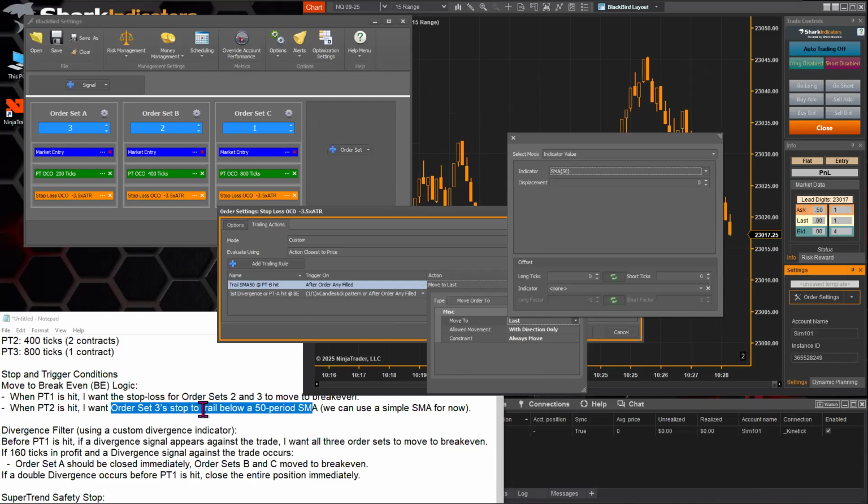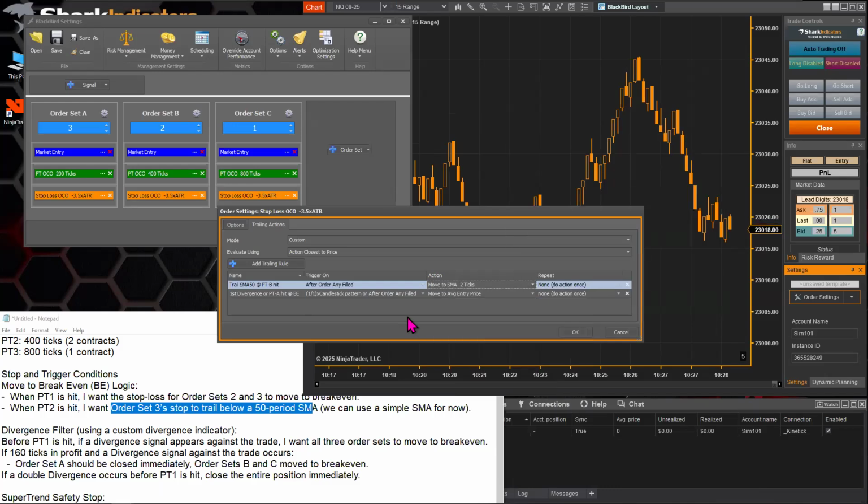And it does say below the 50 period SMA, so just add whatever your offset is below it. I'll just put 2 ticks below, call it good. Since this is an actual trailing rule, now we do need to set the repeat to indefinitely.